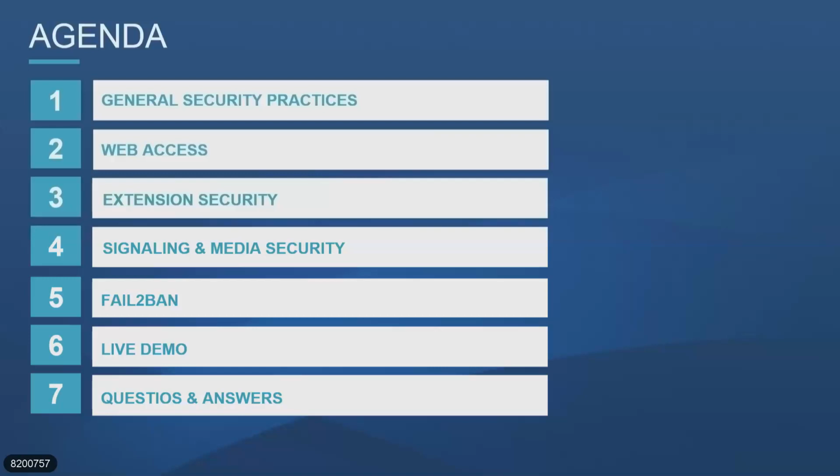We're going to describe a little bit how to secure media as well as signaling, and I'm talking about SIP and RTP. Then a brief description of Fail2Ban and how it works on the UCM. Then we will jump to the web UI of the UCM so we can describe all the security features available on the UCM.